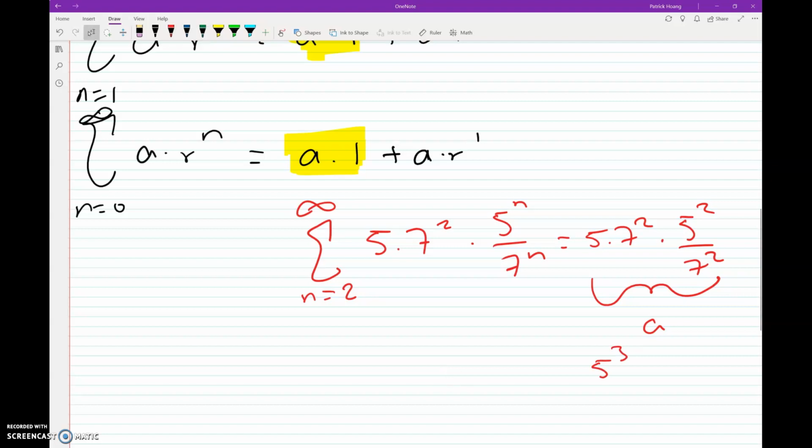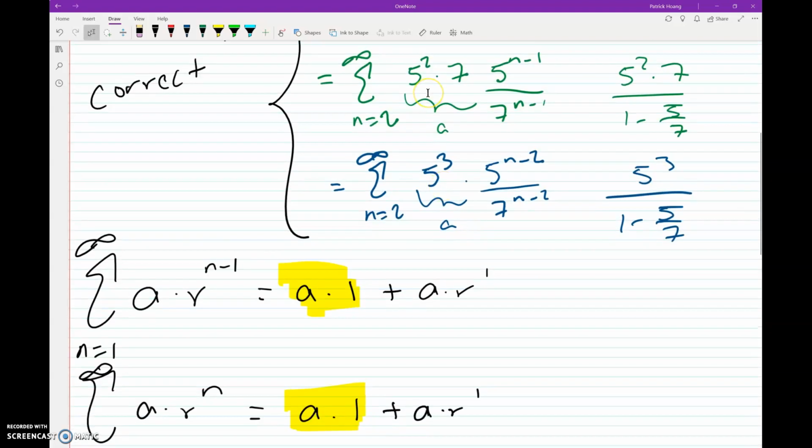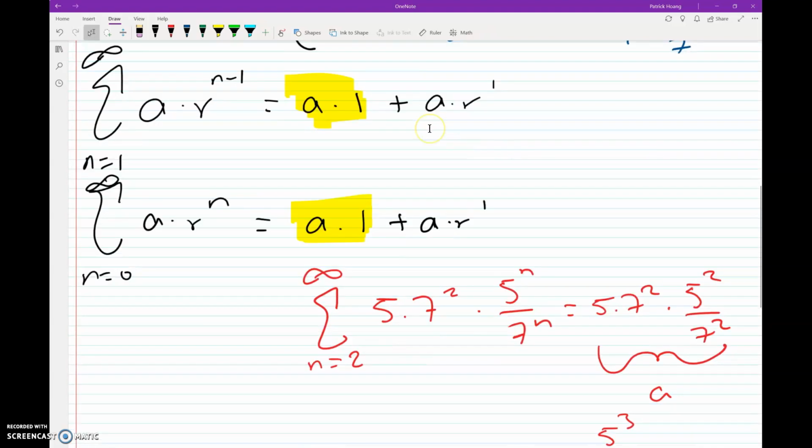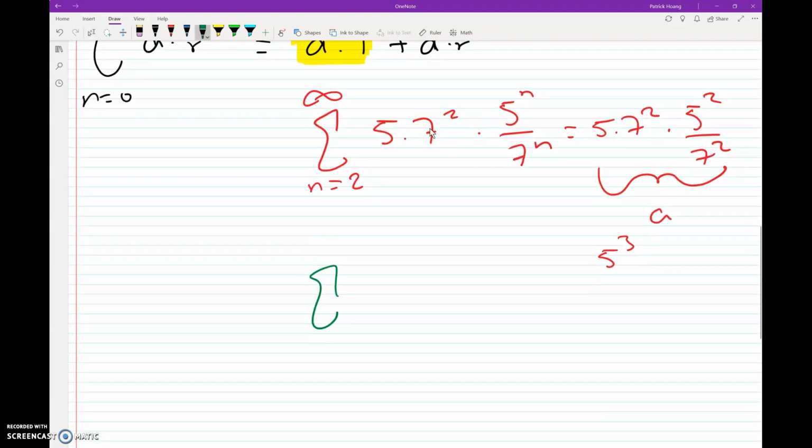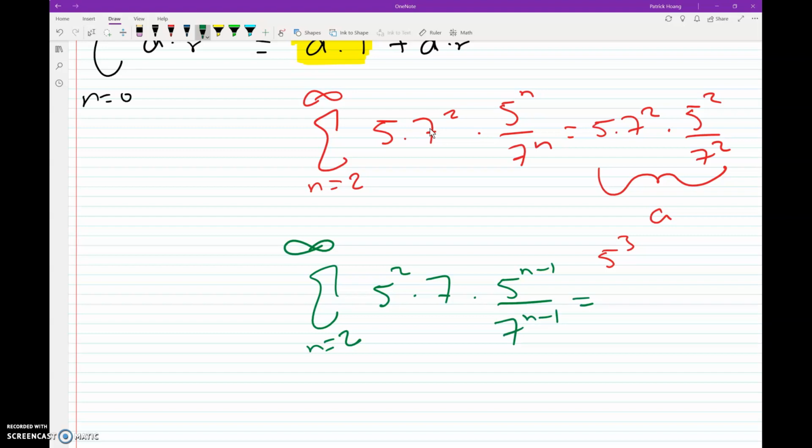Let's try for the green one. It's a little bit different, but it's the sum from n equals 2 to infinity of 5 squared times 7 times 5 to the n minus 1 divided by 7 to the n minus 1. What's the first term in this representation of the geometric series? Well, this 5 squared times 7 is still there. If I substitute in 2, 2 minus 1 is 1, so that's why this is multiplied by 5 to the first divided by 7 to the first.